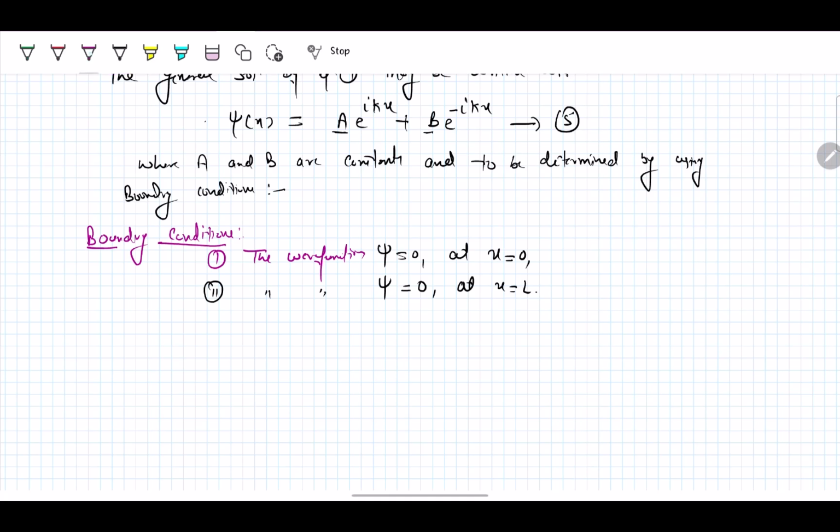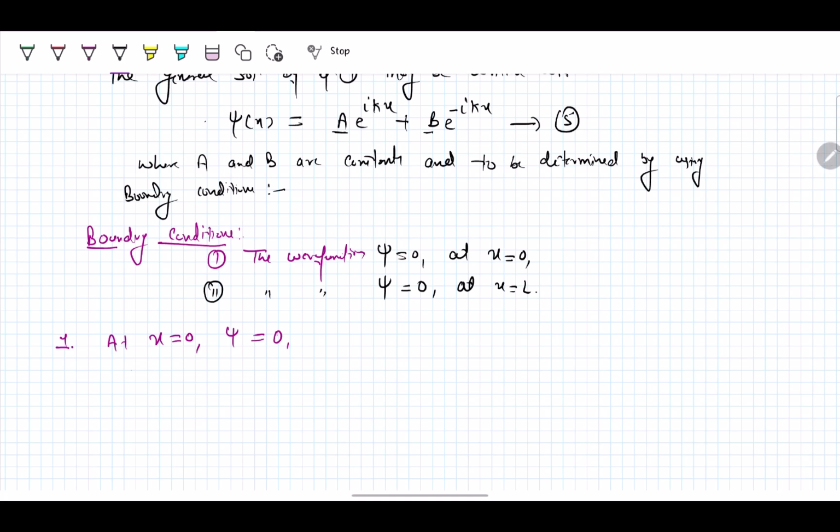Let's apply the first boundary condition, that is, at x is equal to 0, the wave function psi is equal to 0. We are applying the first boundary condition to equation number 5.